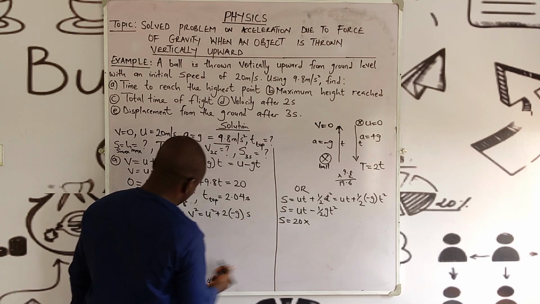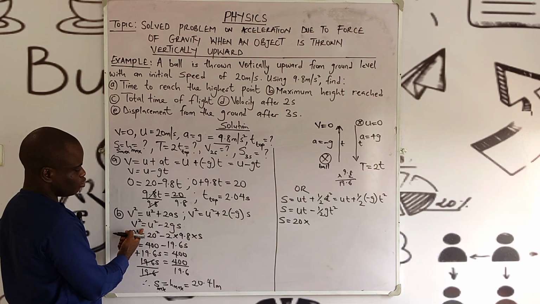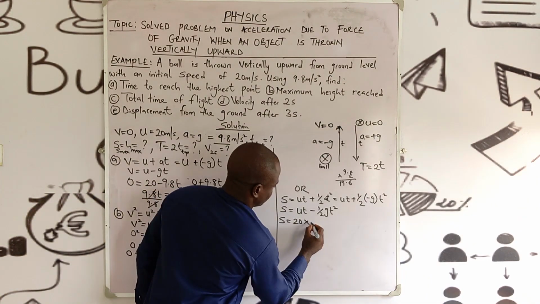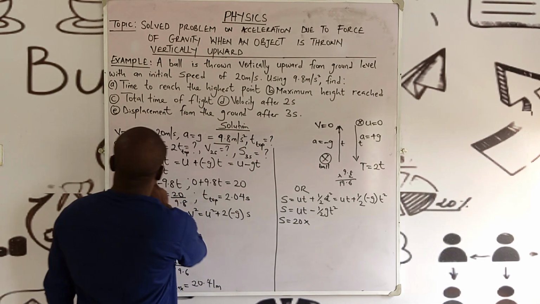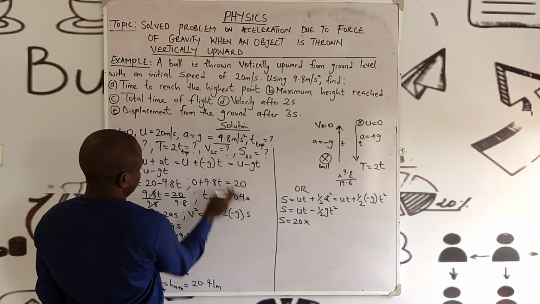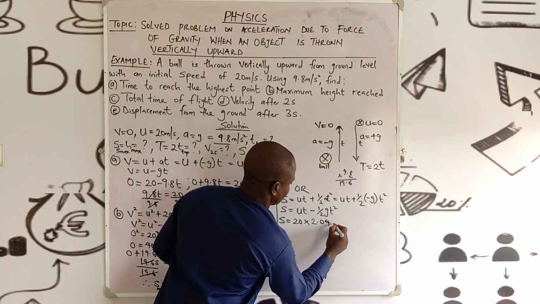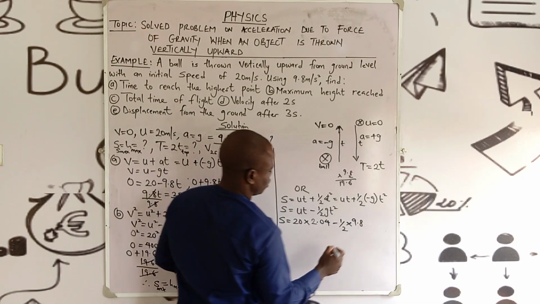For this part, we can use v squared equals u squared minus 2gs, which is the third equation of motion, or use the second equation of motion, ut minus half gt squared. What's our t? t top is 2.04. So 20 times 2.04 minus half times 9.8.